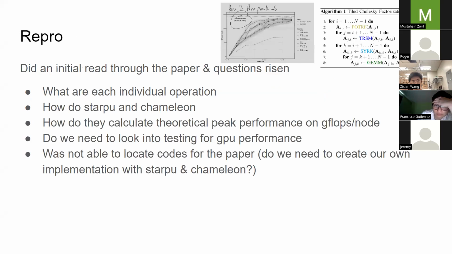And then for repro, it's a paper on improving Cholesky decomposition performance by reducing communication frequency. A lot of it is you need to know some numerical analysis. If you have a vector calculus background, you can sort of skim a numerical analysis textbook to get the gist of what's going on.